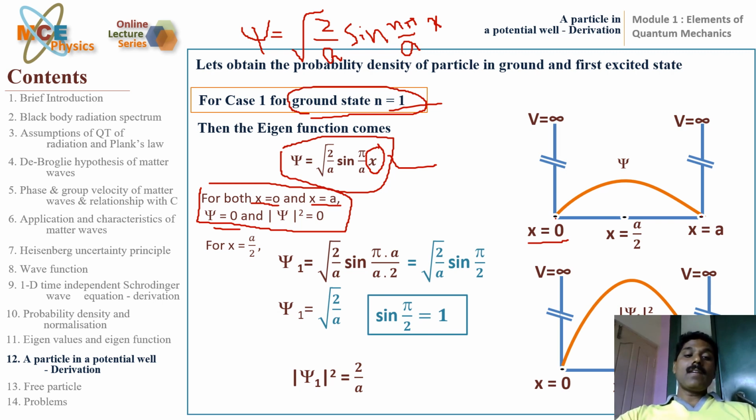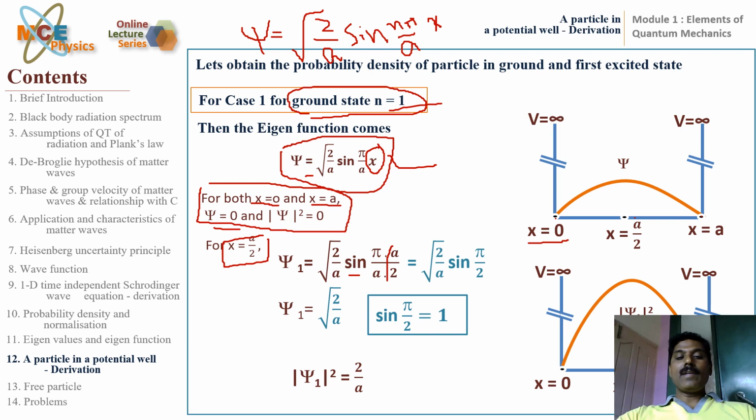And for x equal to a by 2, that is at the midpoint of the potential well here, what would be the value of mod psi square? We will observe psi. First of all, let me take the psi value. It is taken as psi 1 for the ground state. So the psi value is equal to root 2 by a sin pi by a into a by 2.